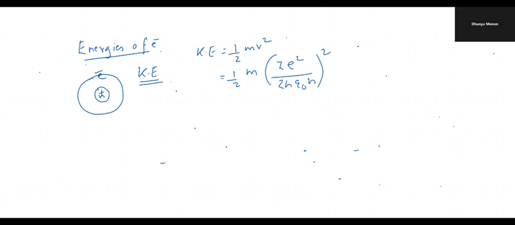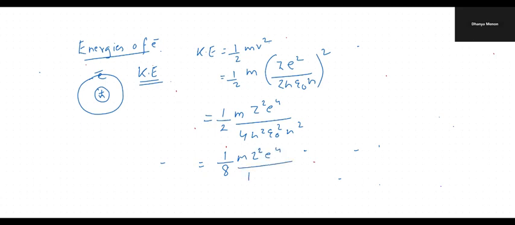So we just remove the bracket: m z square e raised to 4 by 4 h square epsilon naught square n square. Again, all this will come to be 1 by 8 m z square e raised to 4 by h square epsilon naught square n square.